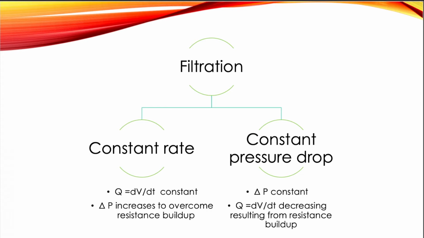Two ways: first one, constant rate, and the second one, constant pressure drop. If you have constant rate, Q equals dV/dt is constant, and this makes the pressure drop increase so that it can overcome the resistance built up. And for constant pressure, the rate will be decreasing because of the resistance built up. Right?